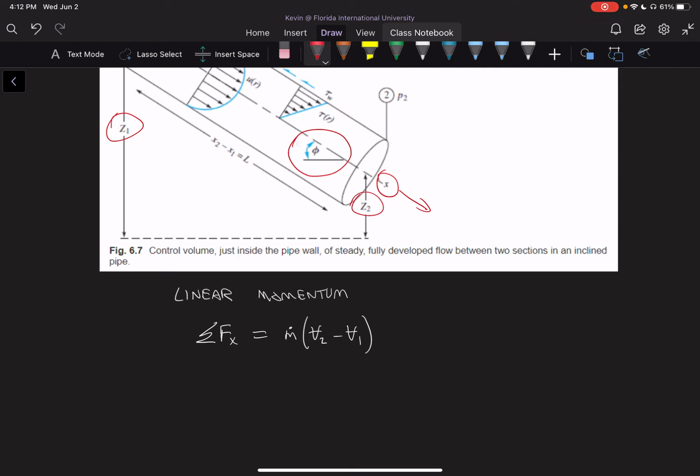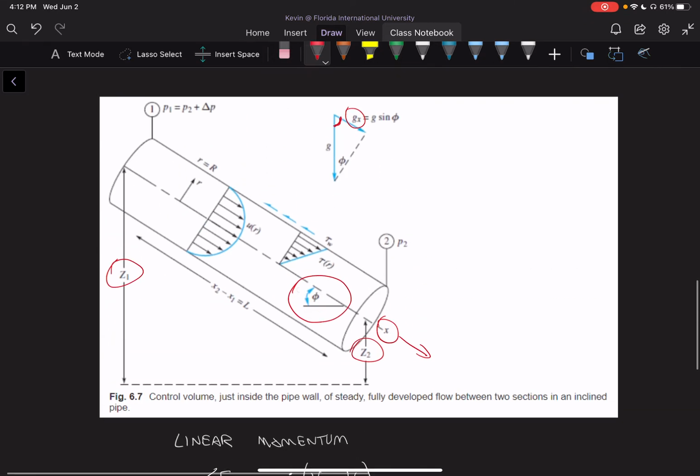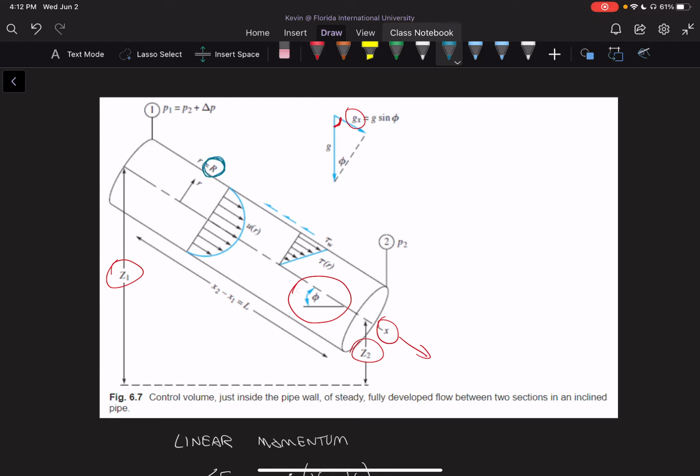Now, as for the sum of forces in x, we can come up with it with the terms explained in the diagram. So we see that the total radius of our system is r. We have it right here. So if the radius goes all the way to the top, this is equal to r. Okay? And through this, we're going to be able to find our sum of forces in x.